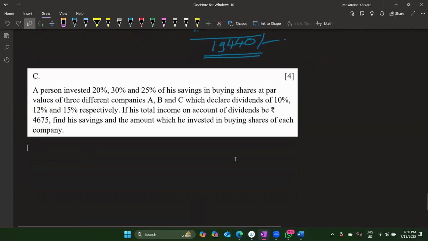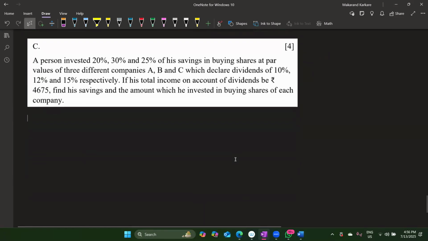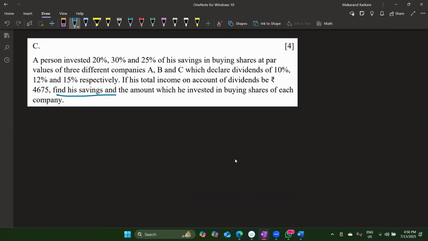Okay, this can be done in two ways, unitary method as well as algebraic method. I'm using algebraic method. What is the question? Find its savings and the amount which he invested buying shares of each company.